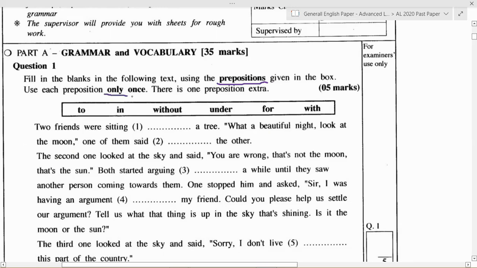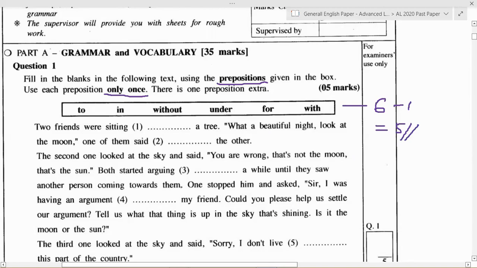So what they're saying here is you are given 6 prepositions in this box, and there is 1 preposition extra. So take the extra one away and you're left with 5.